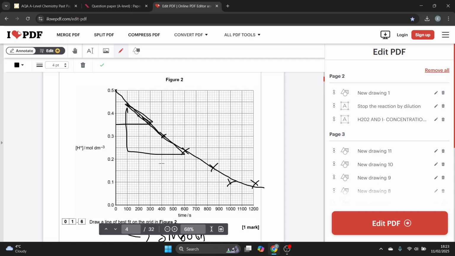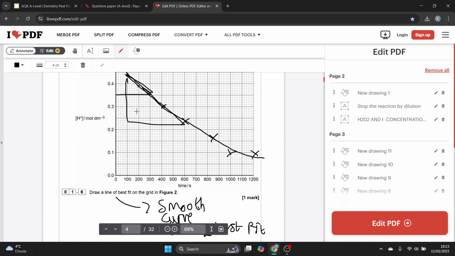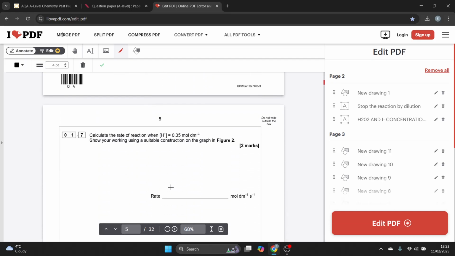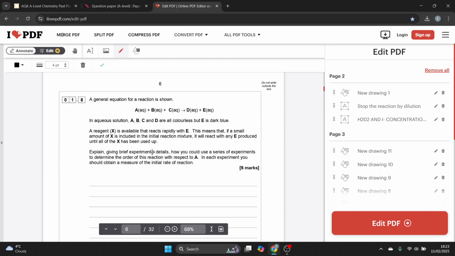Then you just calculate your gradient. 4.09 times 10 to the power minus 4. I guess this part is a bit weird. Just go to 0.25, then draw a tangent, and then yeah.